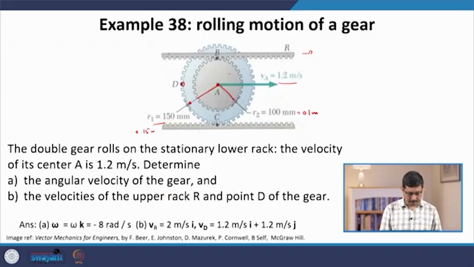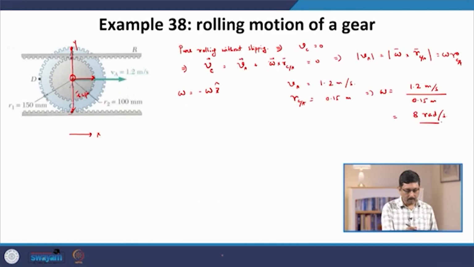Now we want to find the velocity of the upper rack R and the point D of the gear. The upper rack R has the same velocity as the point of contact between this smaller gear and the upper rack. So, V B is going to be V A plus the relative velocity.